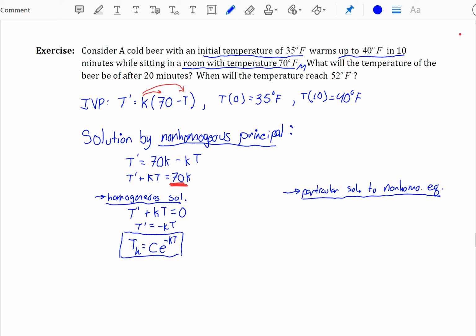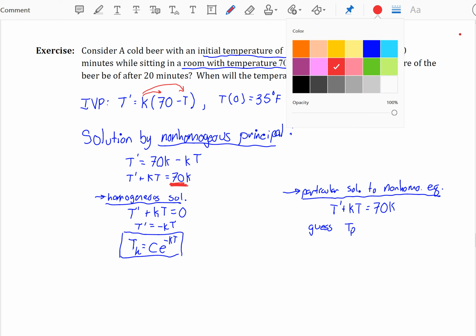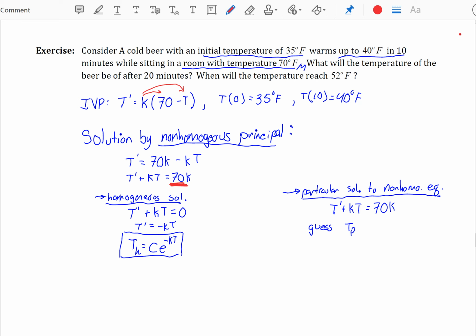Now let us find the particular solution to the non-homogeneous equation. Here we're looking at the entire DE, T prime plus kT is 70k. And here, because the right-hand side is a constant, remember 70 and k is a constant, it's your thermal conductivity constant.